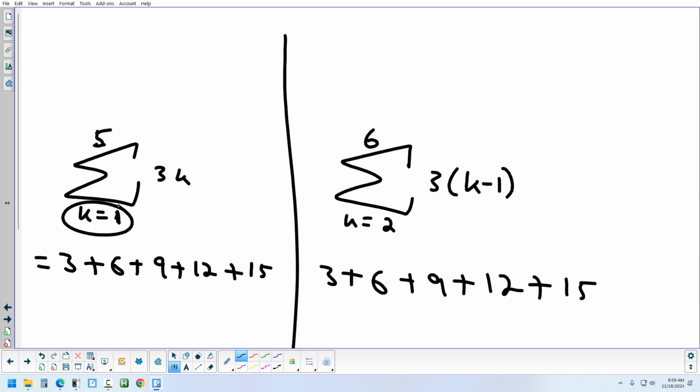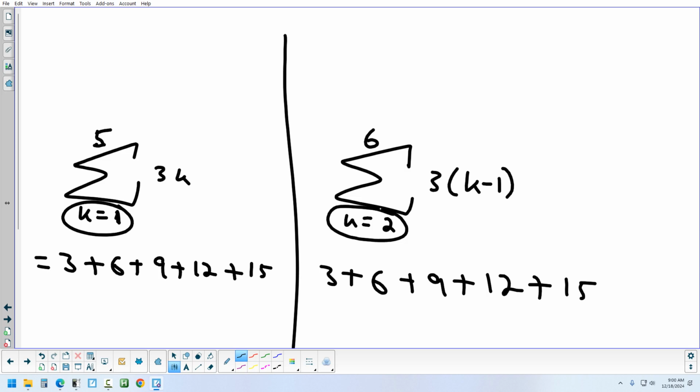So I'm showing you that because you might have a problem that says expand, and it might not always start with a 1 on the bottom. So you have to start with whatever number they give you. Okay. Any question on the difference between those two? Okay.